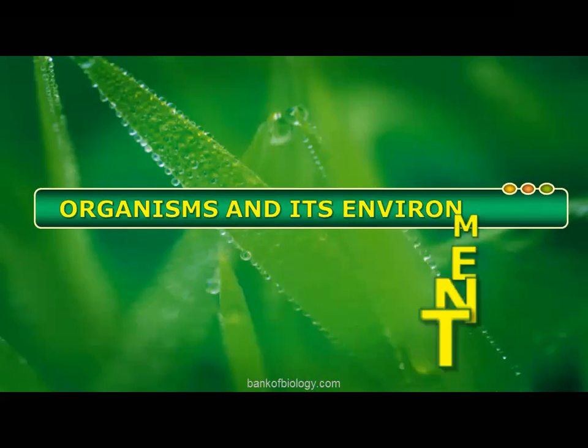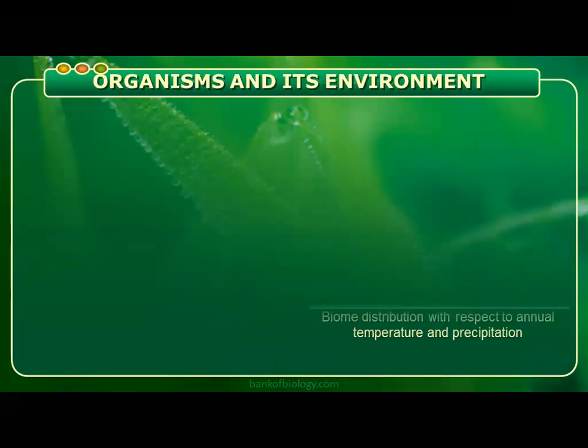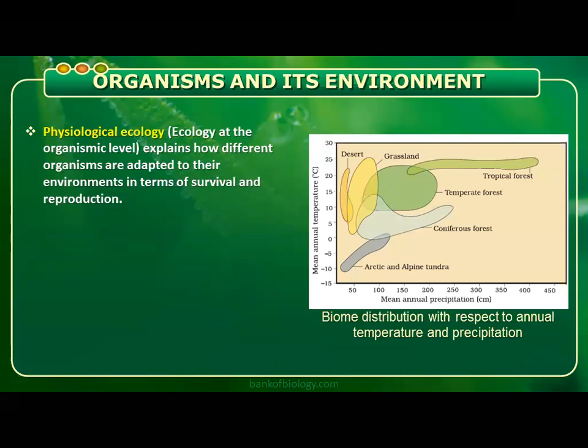So, organisms and their environment. Let's start with organisms and their environment. This diagram plays a vital role in the examination: biome distribution with respect to annual temperature and precipitation.